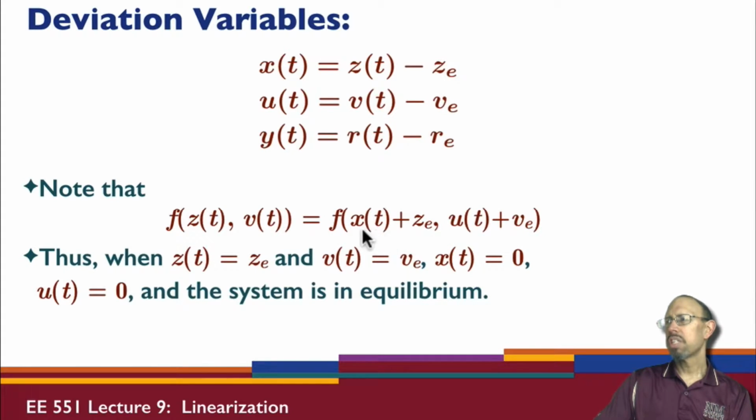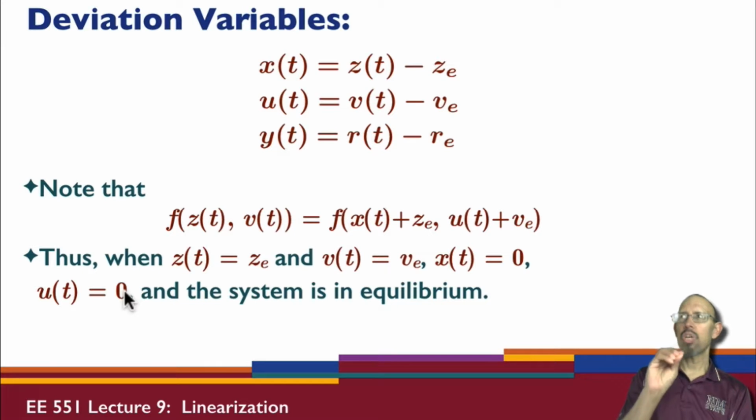So what does this tell us? When z is equal to ze, that is when x is 0, and v is equal to ve, that is when u is 0, the system is in equilibrium. So the deviation variables take us from the equilibrium condition ze, ve to the condition 0, 0. So basically it centers the equilibrium condition at the origin.